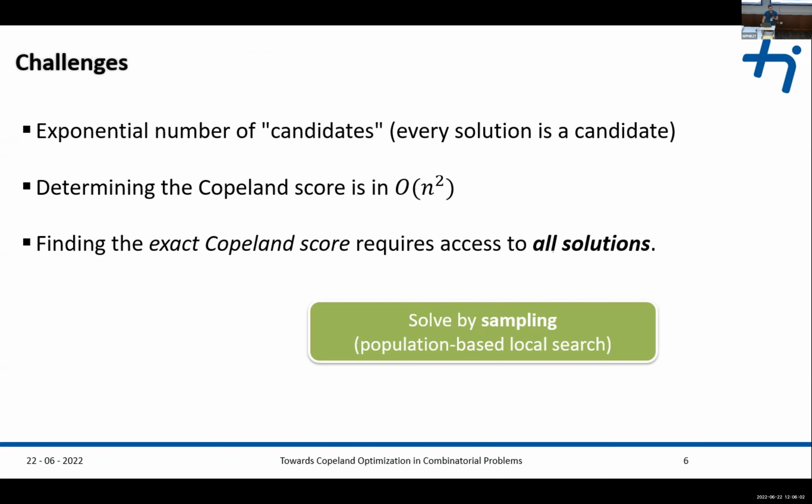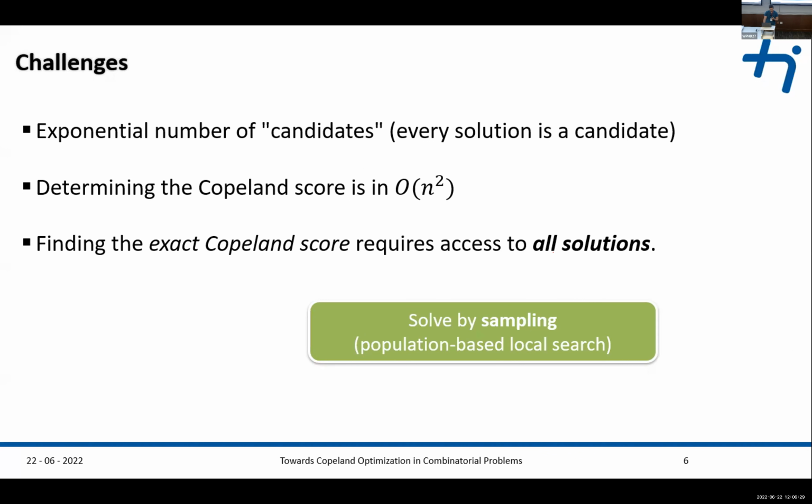However, it's a bit of a philosophical question whether Condorcet is a valid objective. But if you choose to do so, you still face an exponential number of candidates. Every solution is a candidate. This is one of the situations where I want a representative sample, and I cannot enumerate all of them.